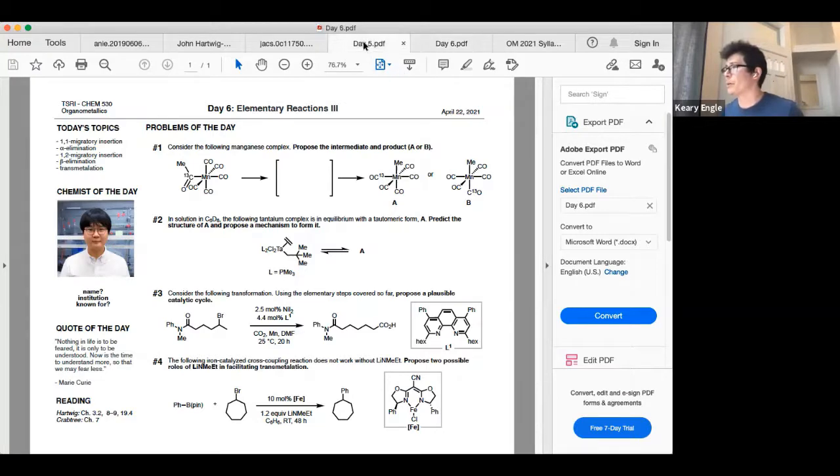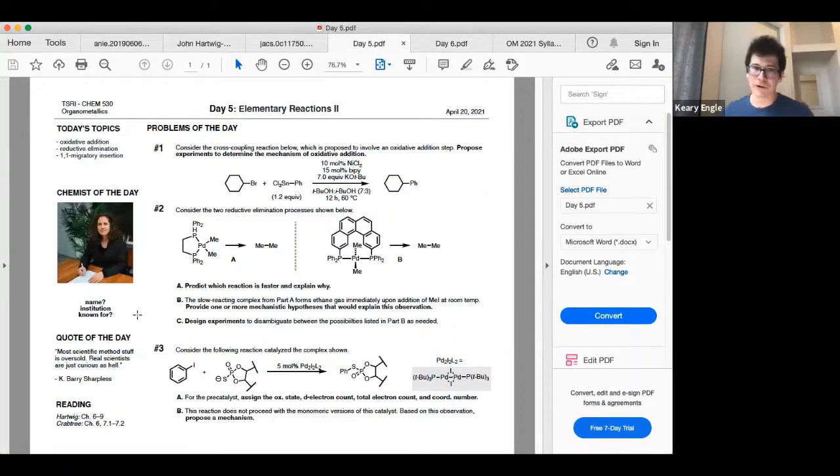Okay, let's jump in by rewinding to problem of the day number 5. A problem of the day from day 5, problem 2. If you remember, we left off with the poll in comparing the 2 reductive elimination rates of complex A and B shown here.